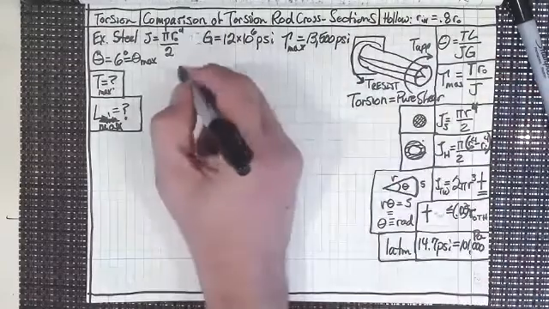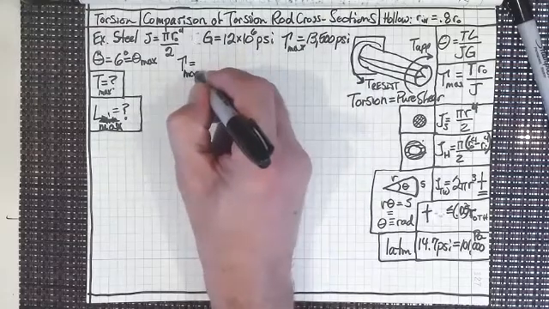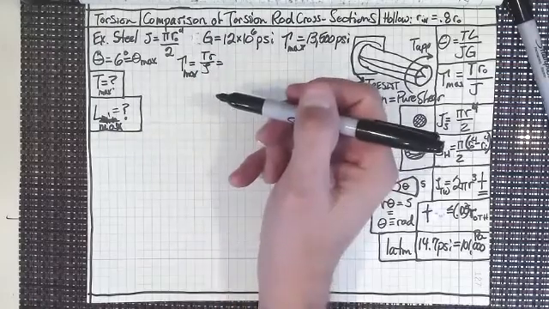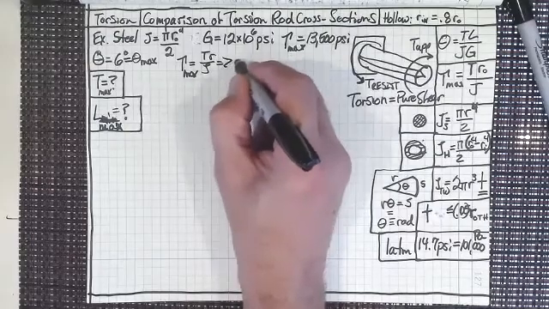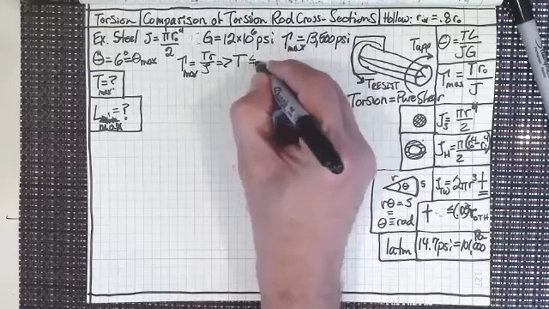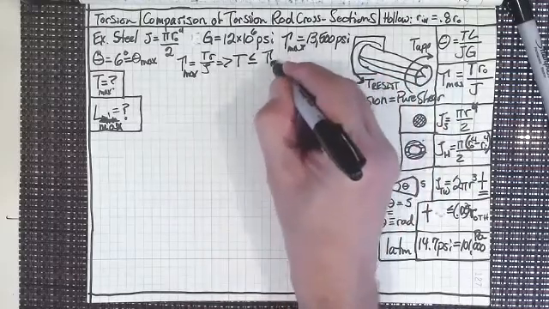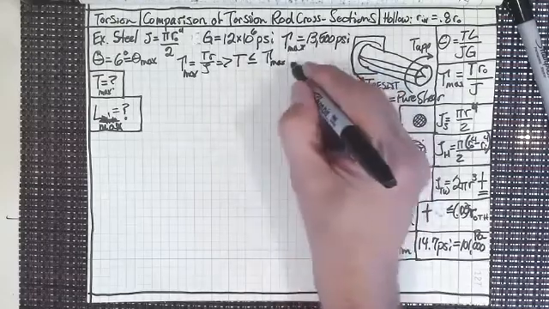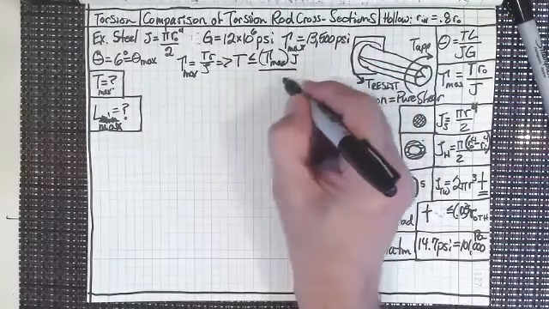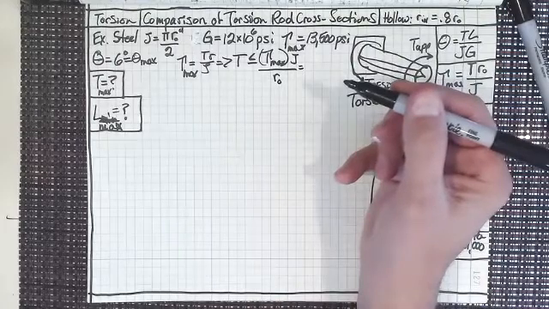So we have our equation, tau max equals TR over J. So T has to be less than or equal to, because we don't want it to break, my maximum shear stress times my polar moment of inertia divided by our outer radius. I think everybody can see what we've got there.